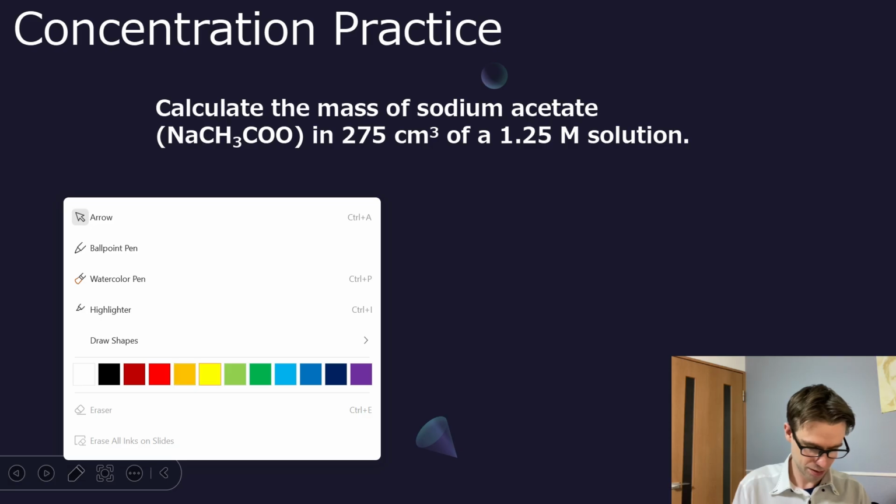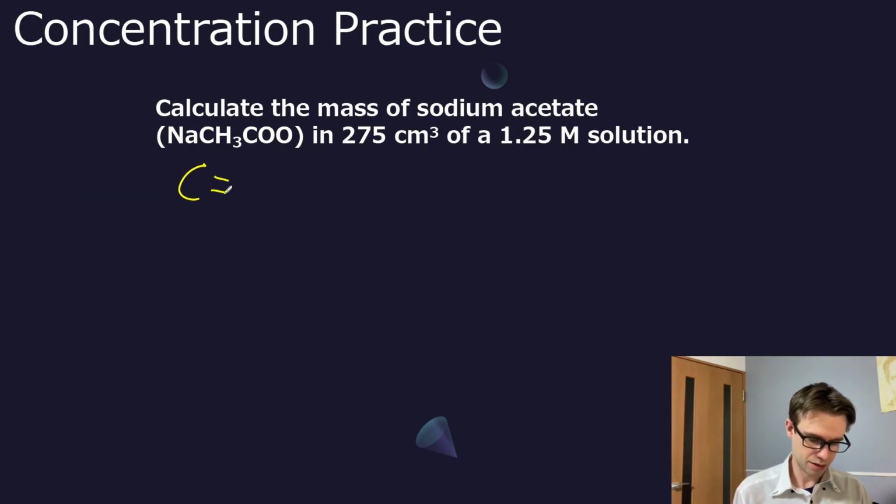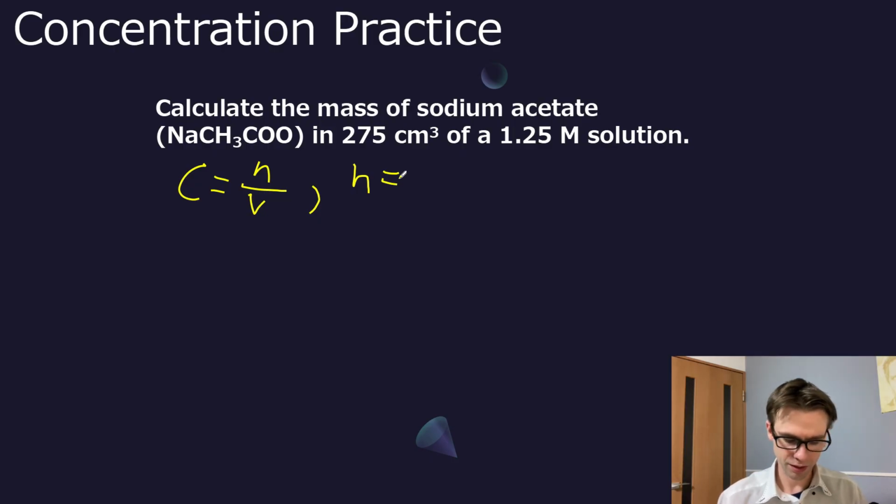C equals n over V. Amount in moles divided by volume. But I think what we would like to know first is how many moles would be in this solution. So we don't have too many things going on here. I'm not going to label every subscript, but the number of moles we can understand means sodium acetate.